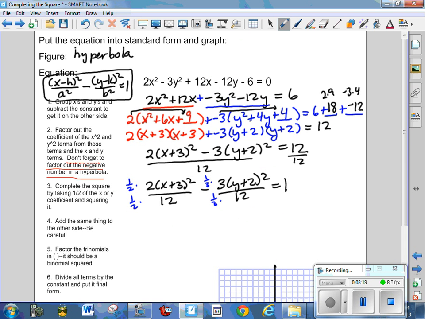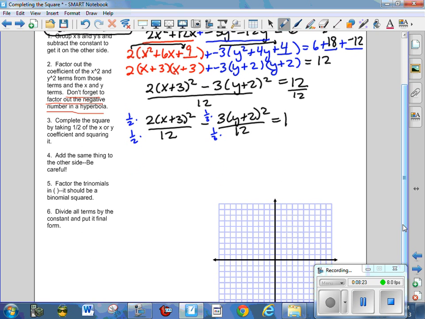So for a simple one like this, reduce the fraction, but you're going to see some messy ones later where multiplying by the fraction is going to be a good strategy. So this just becomes x plus 3 squared over 6 minus y plus 2 squared over 4 equals 1. And that's my final answer.